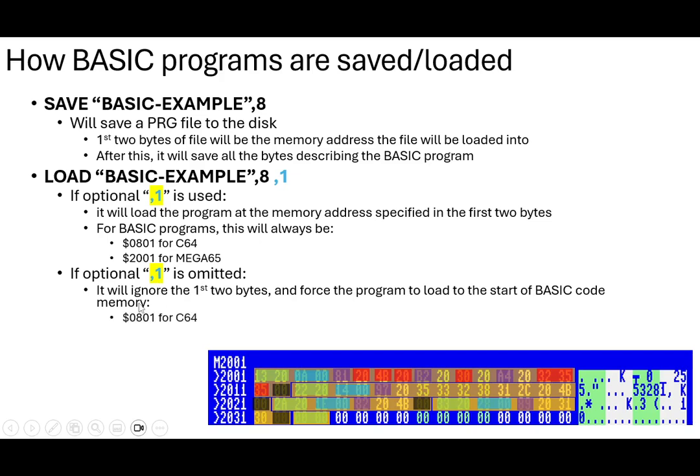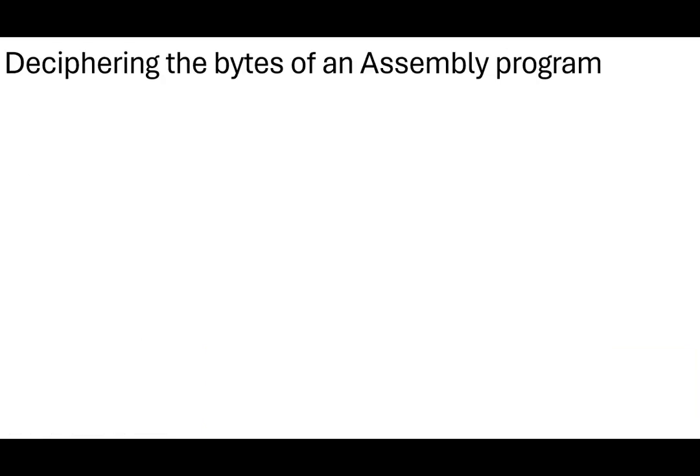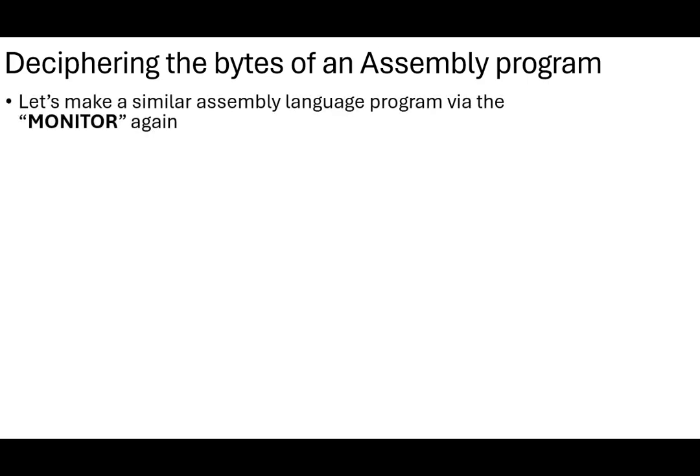So for C64 programs, it's going to force potentially your assembly program to go to the start of BASIC here, or your Mega 65 assembly program, and it will force it to BASIC's location there, which may not be what you want. So let's compare that to another example now, like an assembly program example.